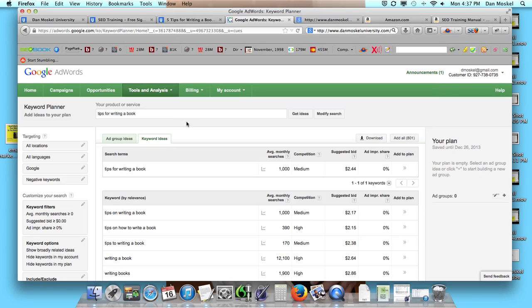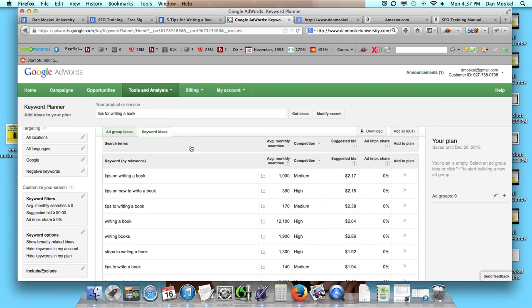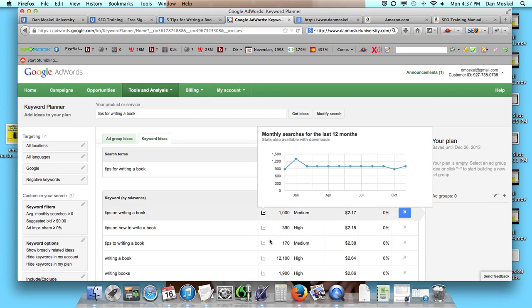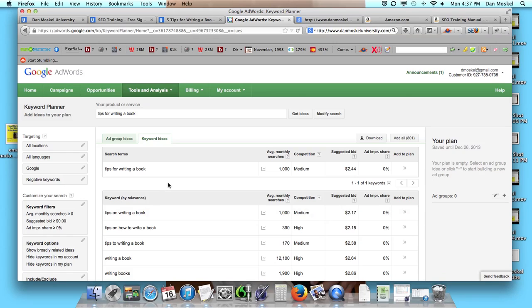Now you can see below here we have some other related search terms, and these are some alternatives for a title: tips on writing a book, tips on how to write a book, tips to writing a book. Those are all related to tips for writing a book. So that's 1,000, 2,000, 2,600 searches roughly a month.